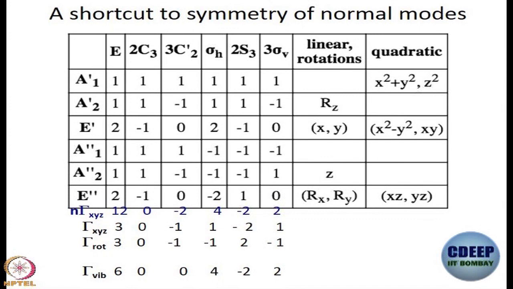1 multiplied by 6 is 6, plus 0, plus 4 multiplied by 1 is 10. Is that right? Plus minus 2 multiplied by 1 multiplied by 2. That is where we always go wrong. Do not forget, you are summing over all R, and there are 12 symmetry operations.